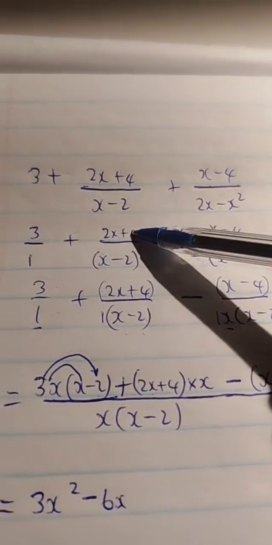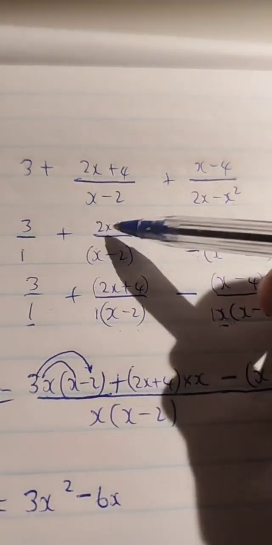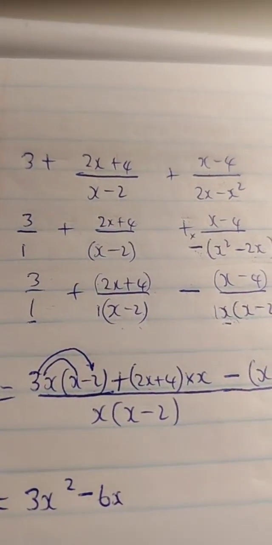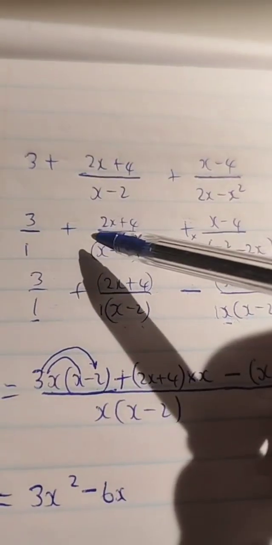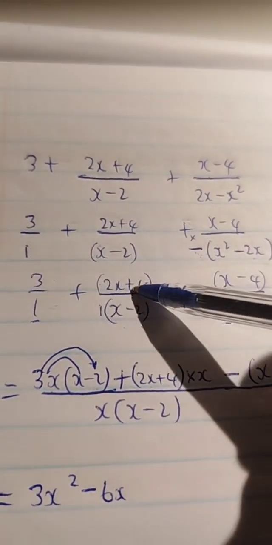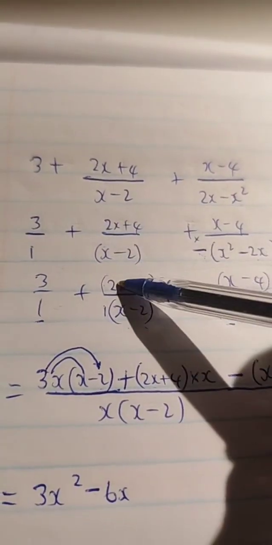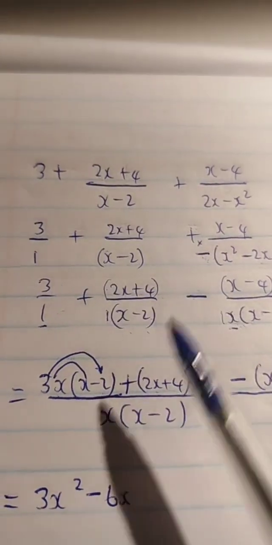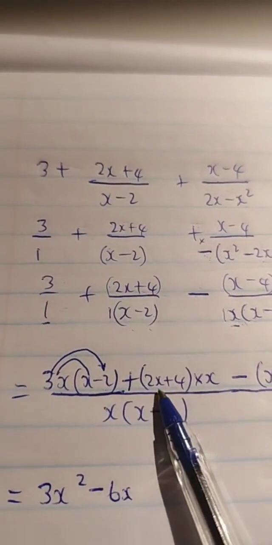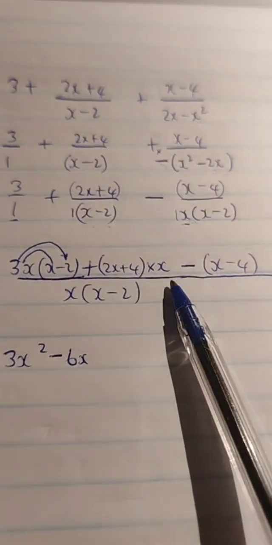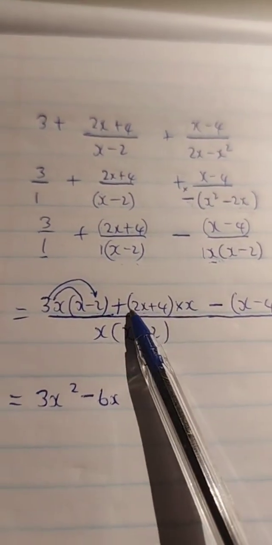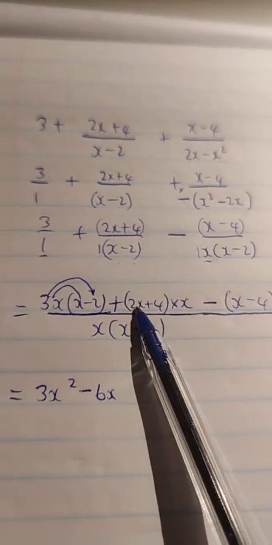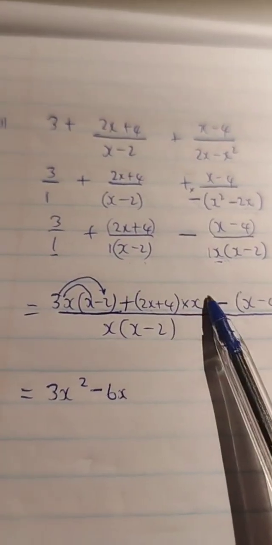The rule says if you have 2 or more terms in your numerator, I encourage all of you to put those terms in brackets. Do that immediately, guys, after factorizing. Because when you do that, you will be reminded that this is plus a binomial times a monomial.